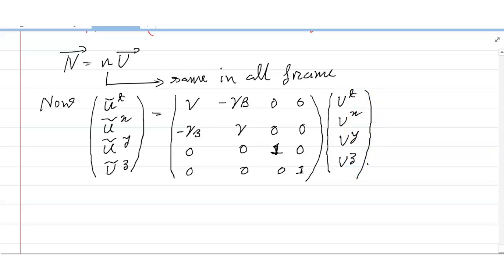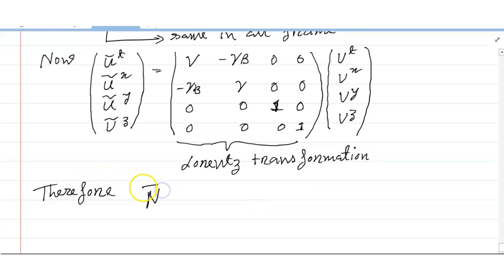This is the matrix representation. So this matrix is called the Lorentz transformation. In the case of special relativity, we use the Lorentz transformation.